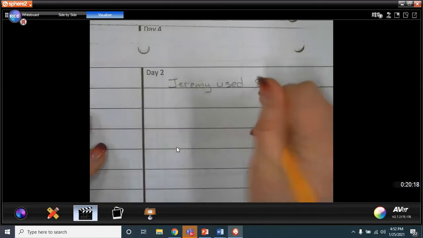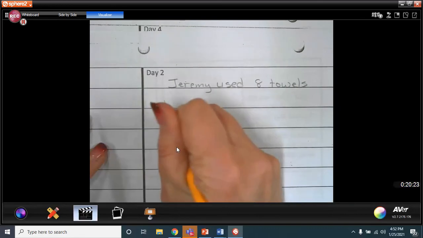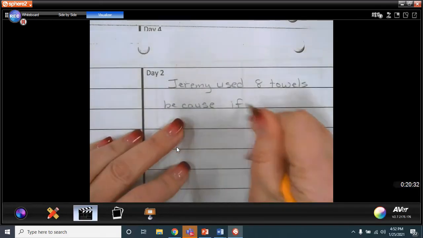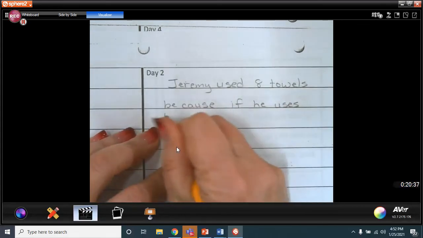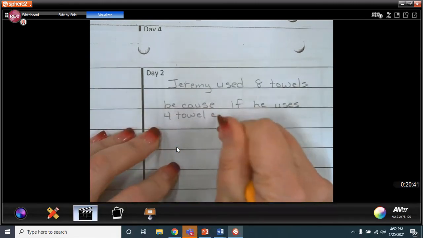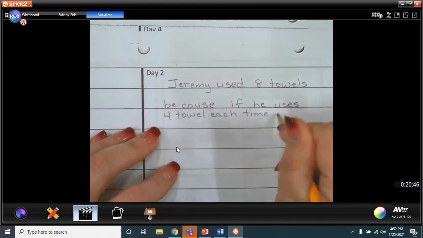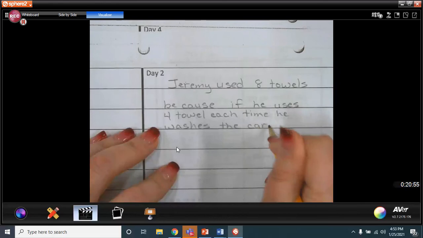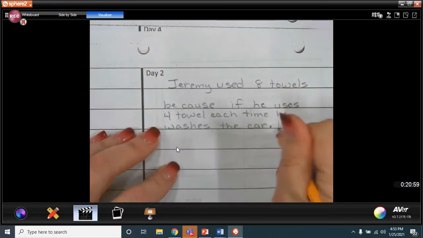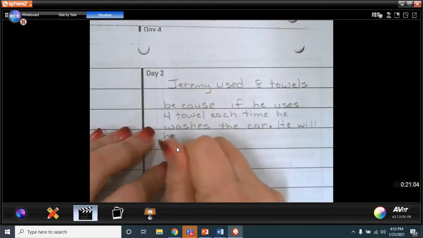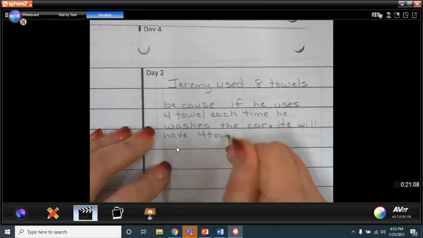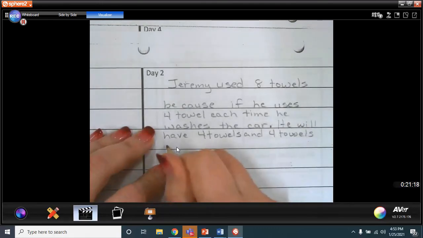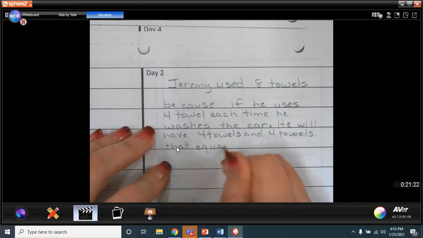Jeremy used 8 towels because, oops, I separated that because a little bit too much, because if he uses 4 towels each time he washes the car, he will have 4 towels and 4 towels that equals 8 towels.